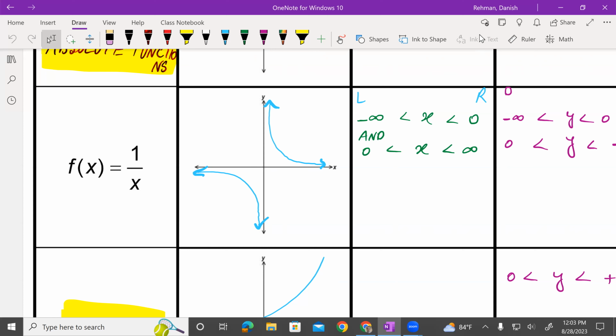So let me name it. It's a rational function. Any function when it's in fraction and the variable is in the denominator is a rational function. Keep it in mind.